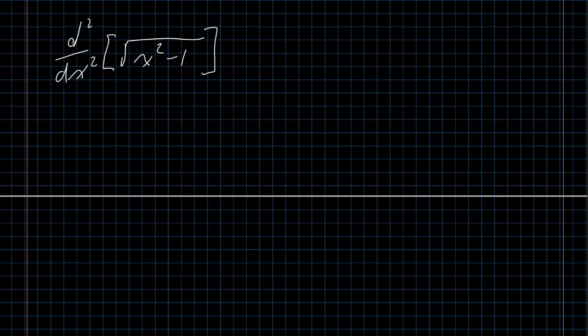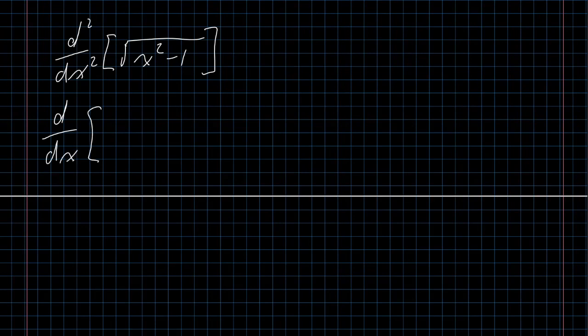The product rule is also incredibly useful if we want to take a higher order derivative of something involving a product. So if I want to take, say, the derivative of the square root of x squared minus 1. I have here the second derivative marked out, and I generally do that in two steps.